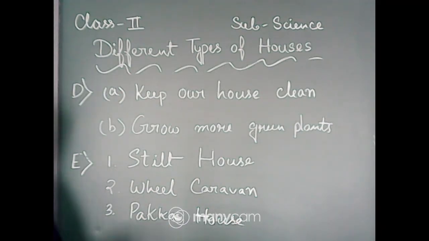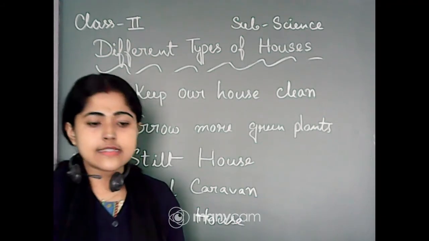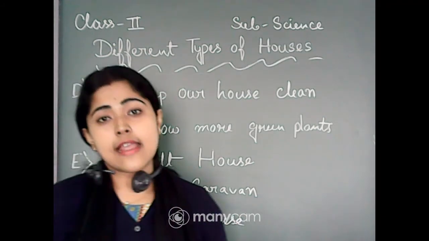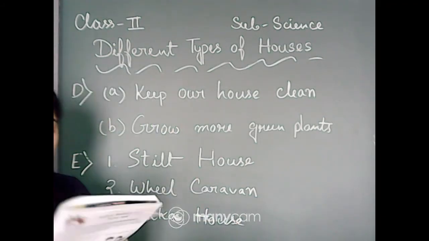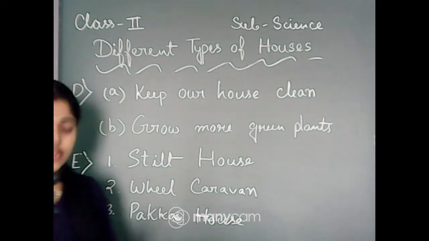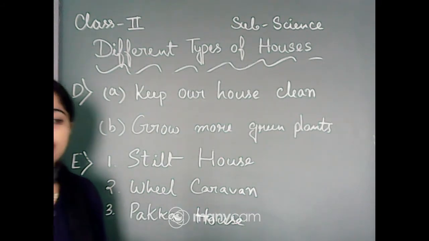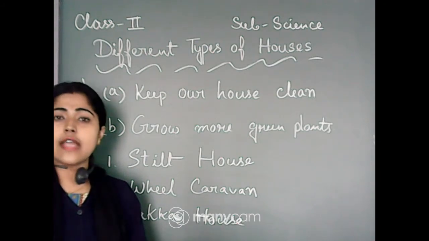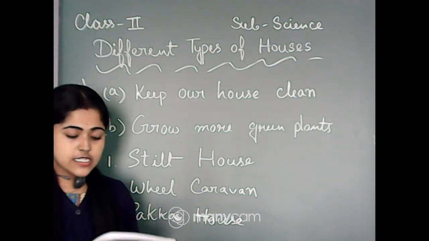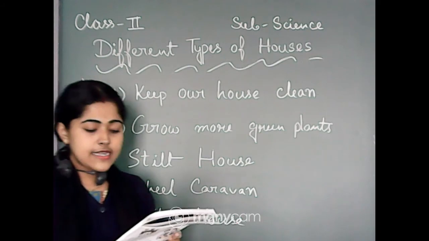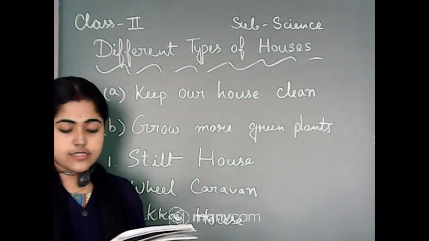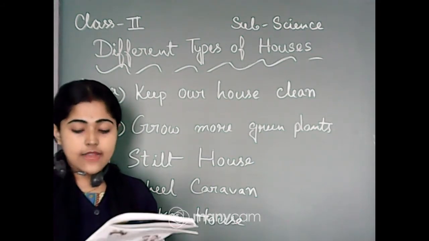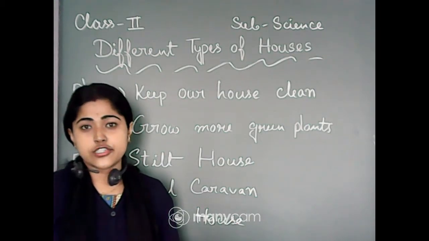Okay, and the last one is question F, tick the correct answer. First of all, that's a values corner question. You have to read the statement very attentively, then choose the correct option. So first read it. Aarti lives in a kacha house. Due to heavy rain, her house is damaged.